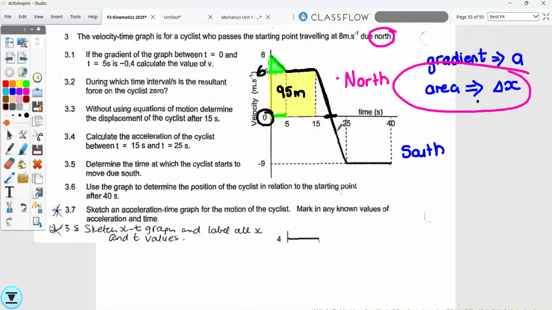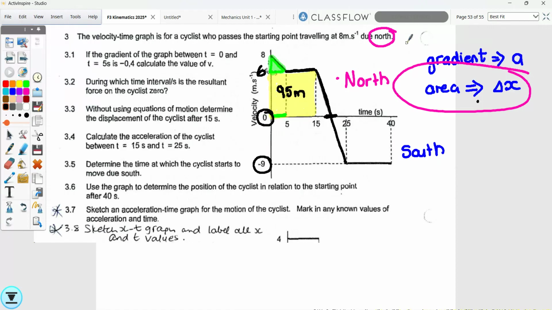Then, what is he doing here? Now he's actually speeding up until he goes backwards at 9 meters per second. Because remember, the one thing I said to my class as well is, can you go slower than standing? Can I go slower than what I'm going right now? You cannot go slower than standing still.